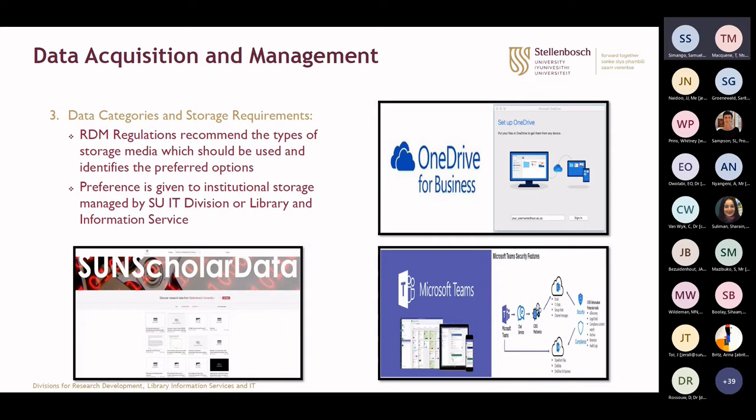There is an exception to this if the data are encrypted, and this is really under exceptional circumstances. But the preference is given to institutional storage that is managed by Stellenbosch University's IT division or the Library and Information Service. And the images that you see on the screen represent the storage options.